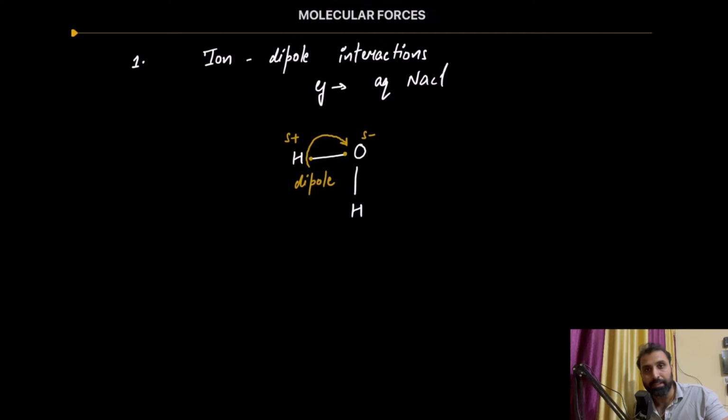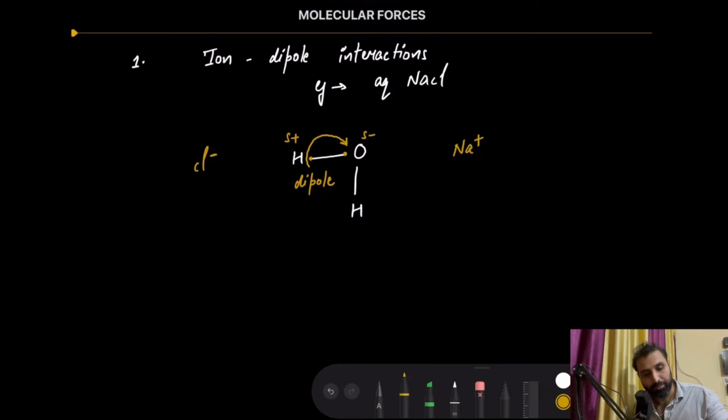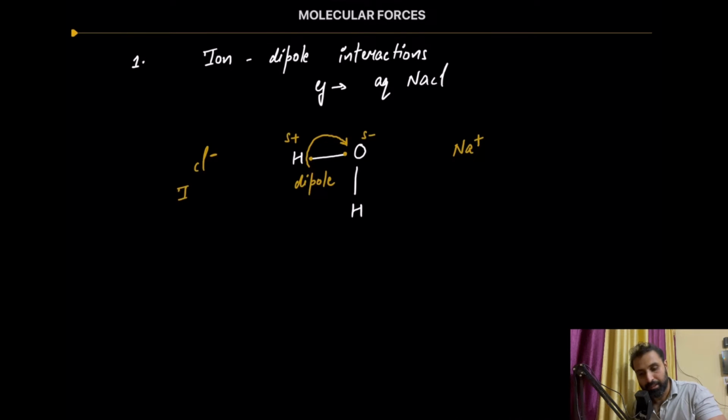Now NaCl is broken down into its ions in the water. So I'm writing Cl negative over here and Na positive over here. So in this case, we got the two ions, the Cl negative ion and the Na positive ion.